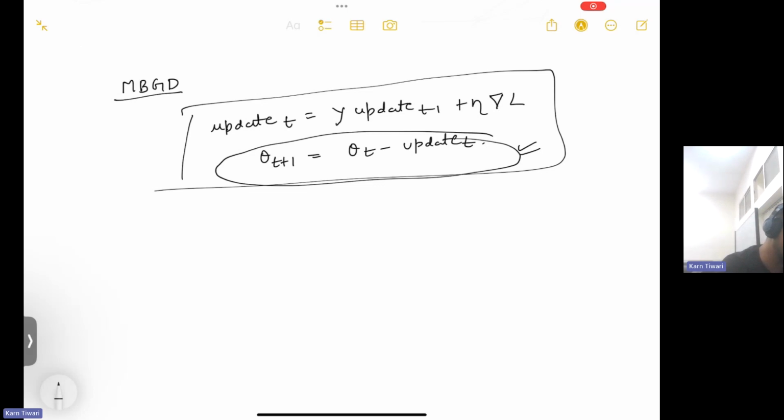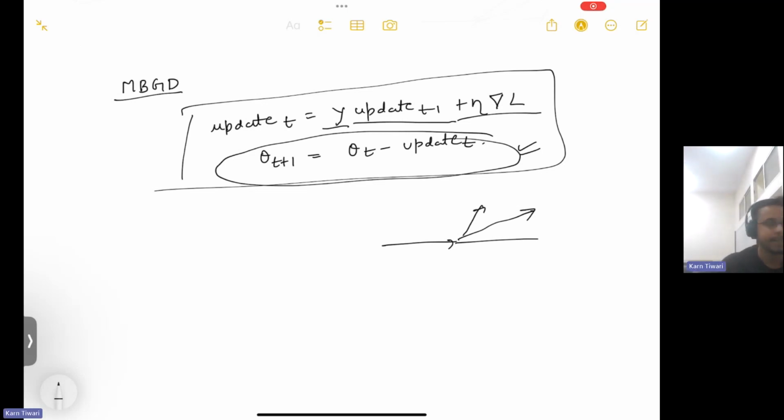Update t tells us that I am giving weight gamma to the previous direction, what the update was, and I am following the gradient at that particular point. As I mentioned, we are listening to the previous person by gamma, the next person says go here, and I will be taking a net combined direction.